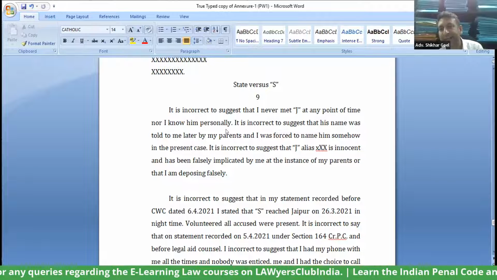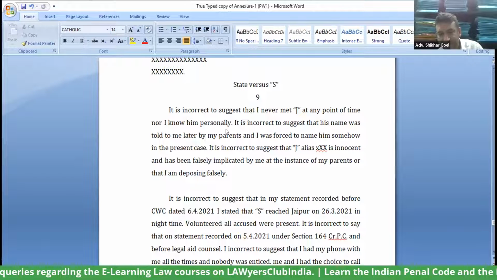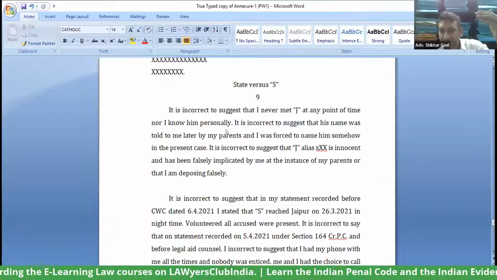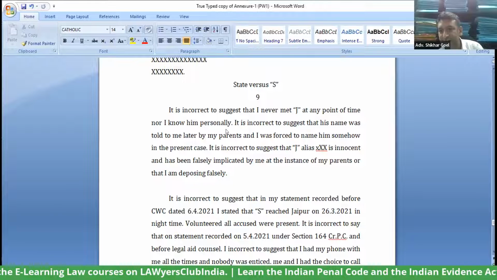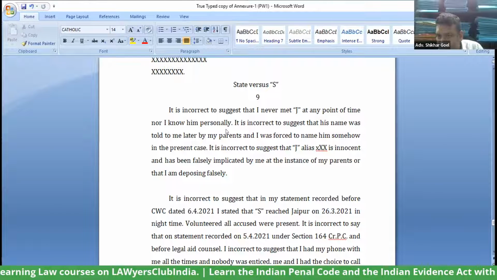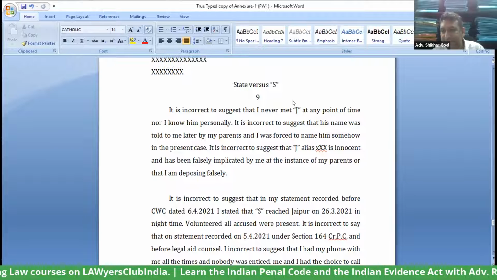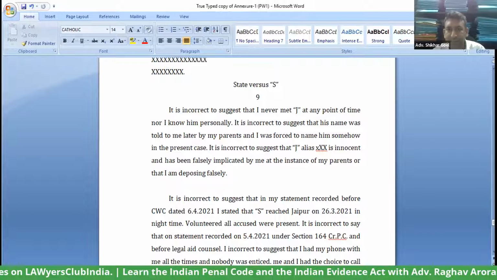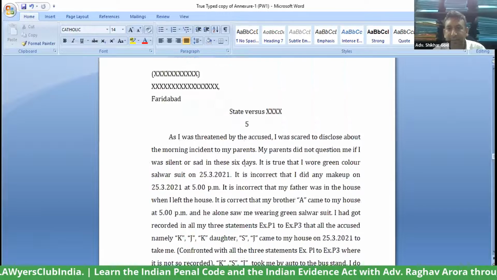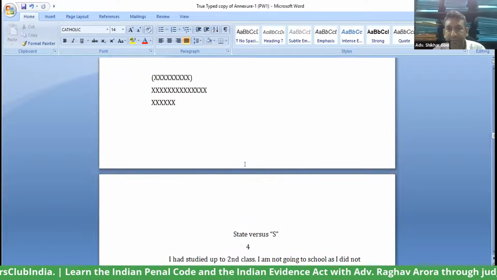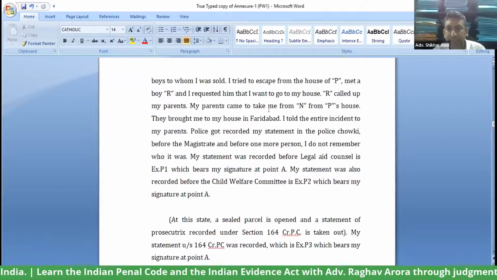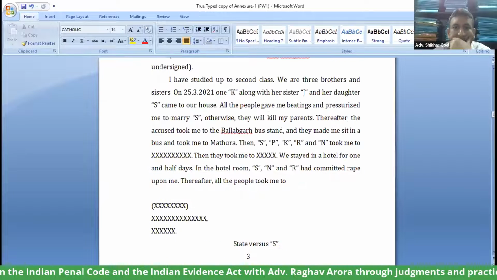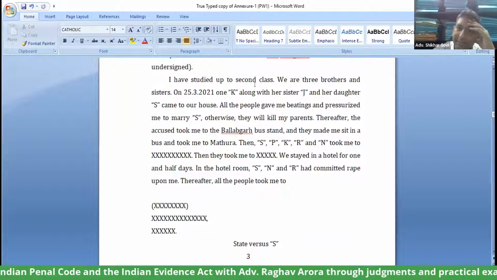Now whatever the funda of getting the suggestions correct is, you just scrutinize line by line the evidence in chief. अब आप evidence in chief में जाते हैं, I'll just take you back to evidence in chief here. हाँ, अब देखिए, I have studied up to 2nd class.